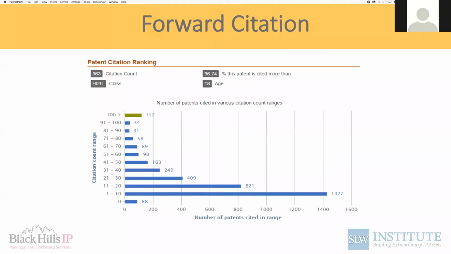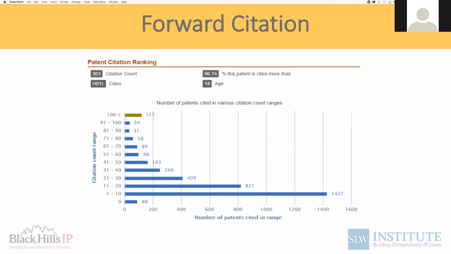Another analytic that's useful is to compare the patent with others in its class in its filing year. So comparing forward citations, for example, of a recently published patent to one that's been around for a dozen years or so is not really useful, because time plays a big factor in forward citation counts.